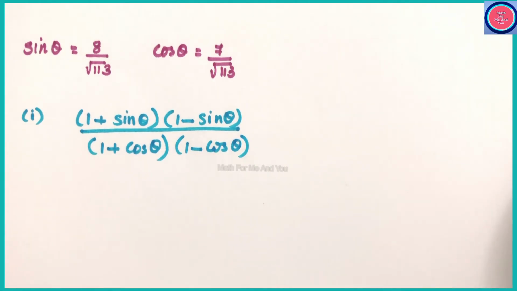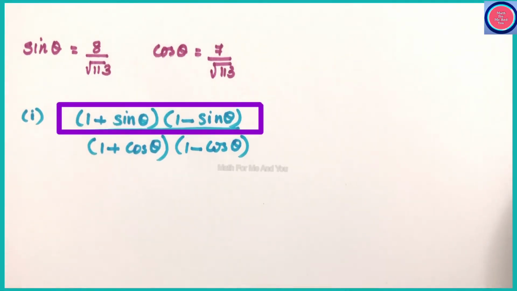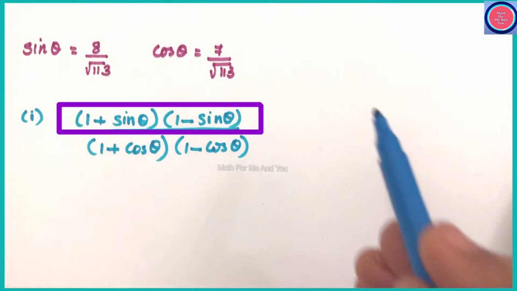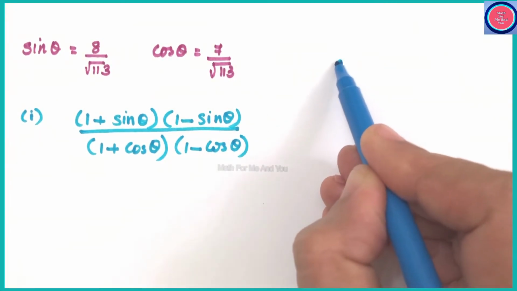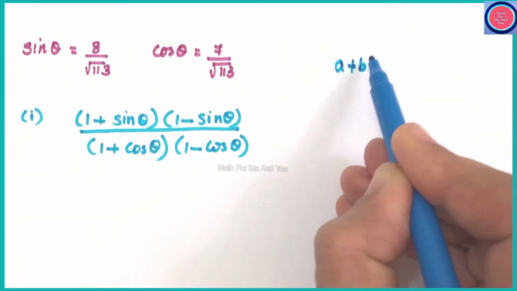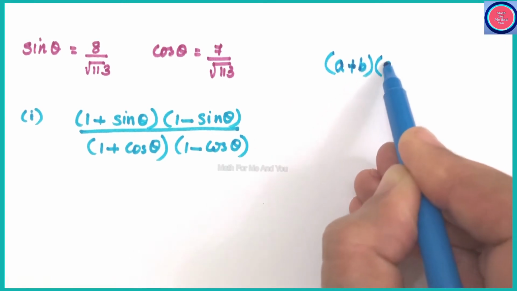What is question number 1? It is (1 plus sin theta)(1 minus sin theta) over (1 plus cos theta)(1 minus cos theta). Look at the numerator. (1 plus sin theta)(1 minus sin theta). This is of the form (a plus b)(a minus b).